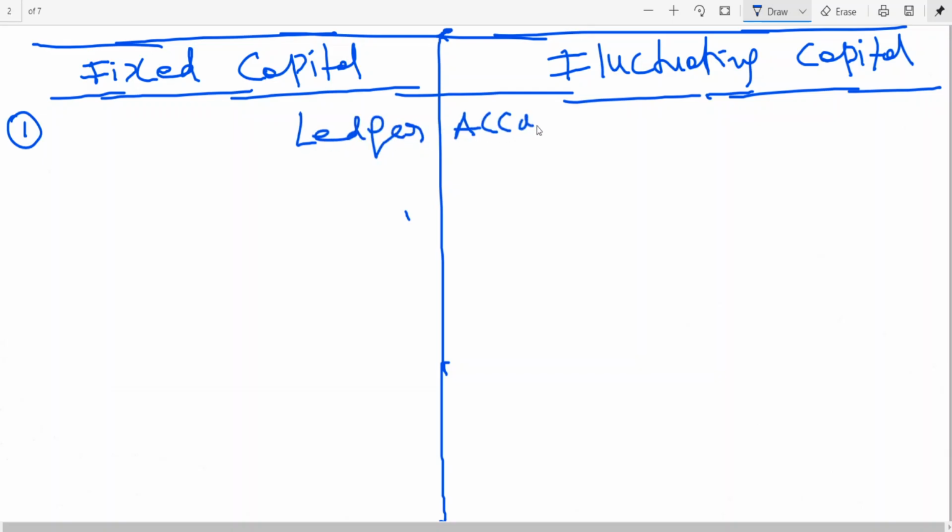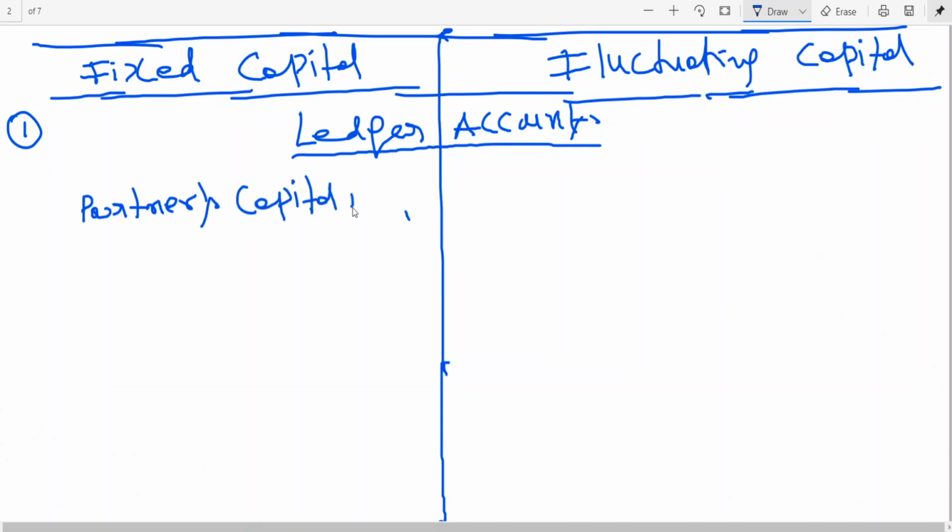What are the ledger accounts you need to open? The ledger accounts which are supposed to be opened are partners' capital account and partners' current account.